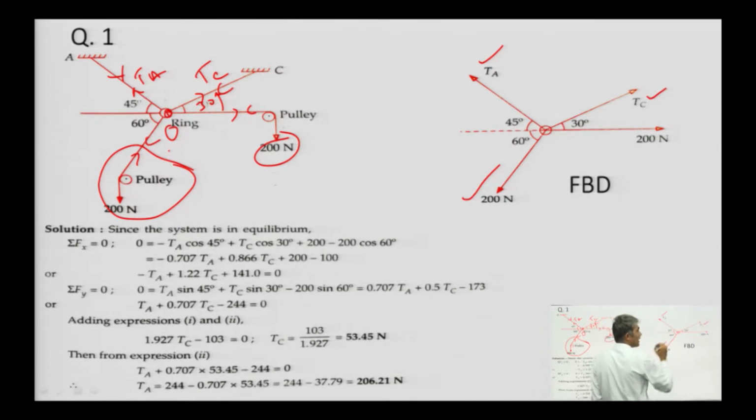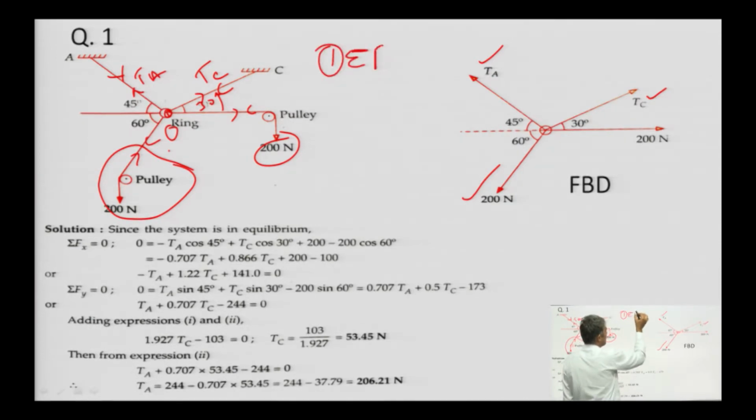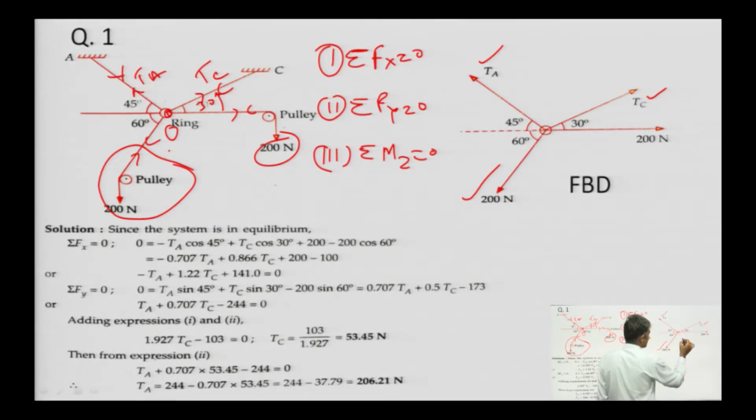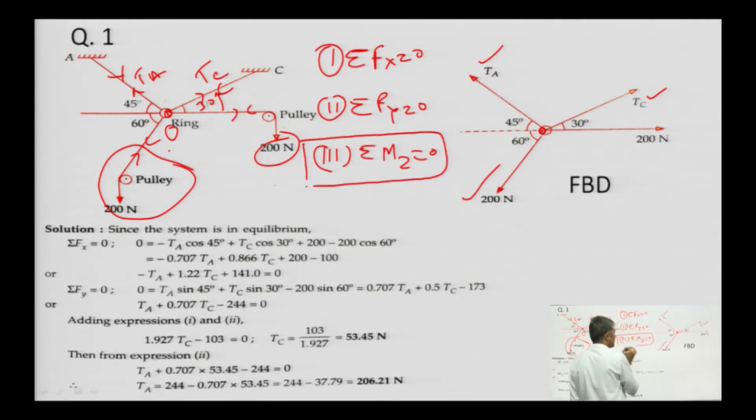Third, sigma Mz equals 0, but because this is the free body diagram of a single point, there is no need to apply this equation.